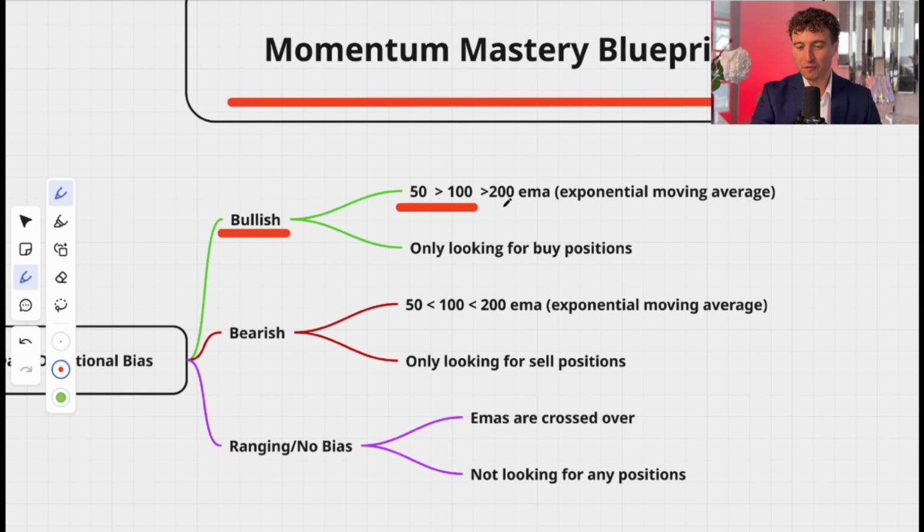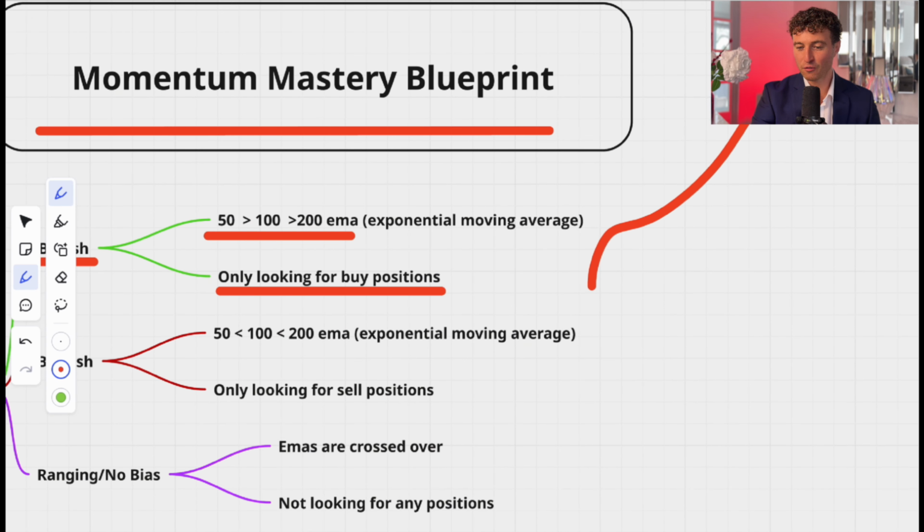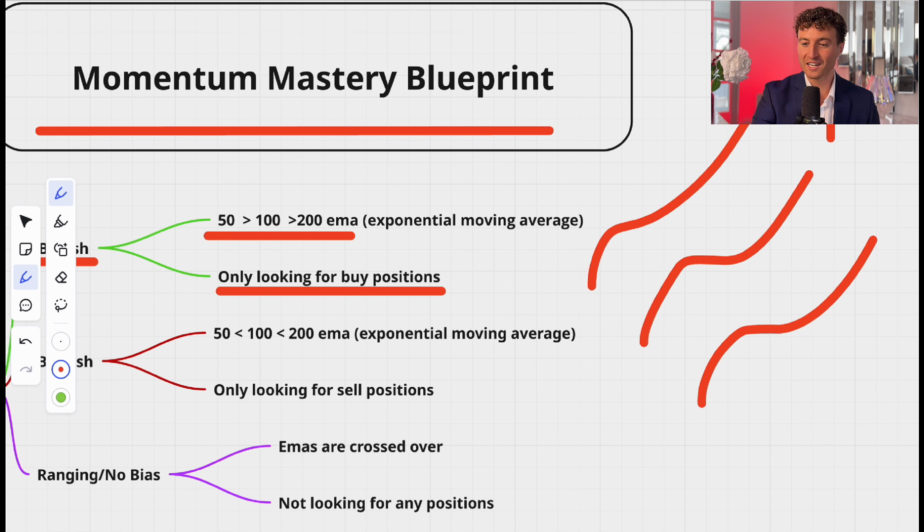This would be where the 50 EMA is greater than the 100 EMA, which is greater than the 200. This indicates long daily directional bias. And so we would only be looking for buy positions. So let's say that this is the 50 EMA, this is the 100, and this is the 200. This would indicate a long daily directional bias. And therefore the draw on liquidity would be to the upside.